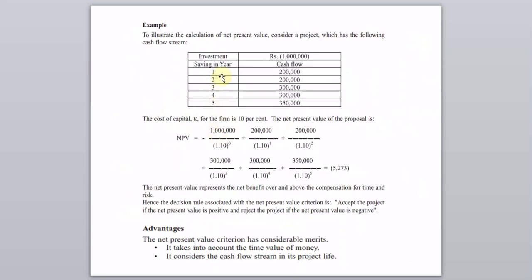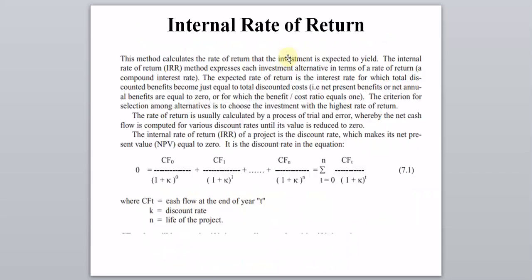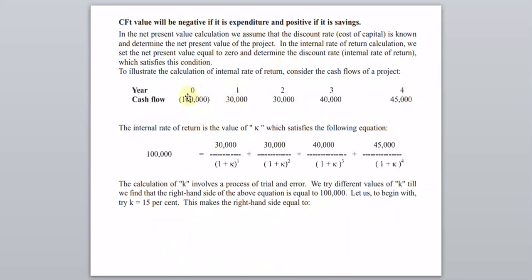The investment given was the cash flow in the year 0, or time period 0. So we have to take this as the net present value for year 0. The cash flow is 1 lakh. For year 1 it is 30,000, year 2 is 20,000, year 3 is 40,000, and year 4 is 45,000.